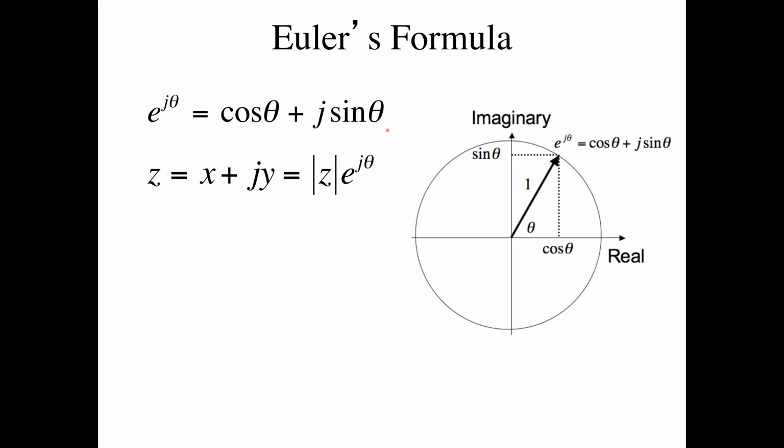And so you can see kind of why this works out. It's absolutely beautiful. If you want to work with sines and cosines and things that oscillate, it's a compact, beautiful notation to use e to the ij, or e to the j theta. Okay, and we'll put a magnitude in front of it as well.